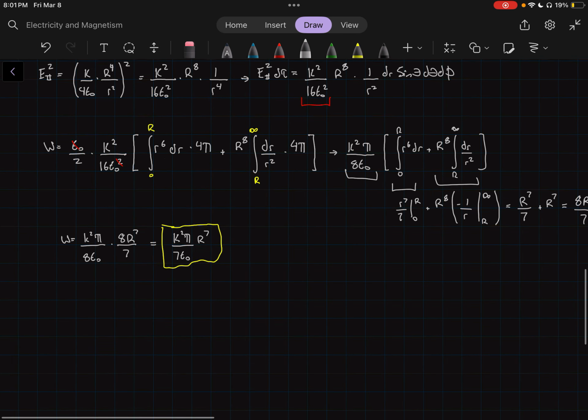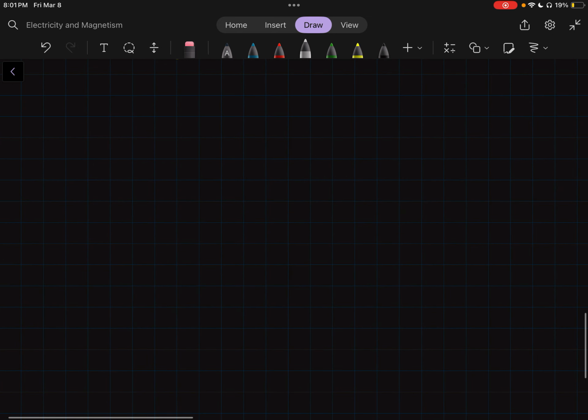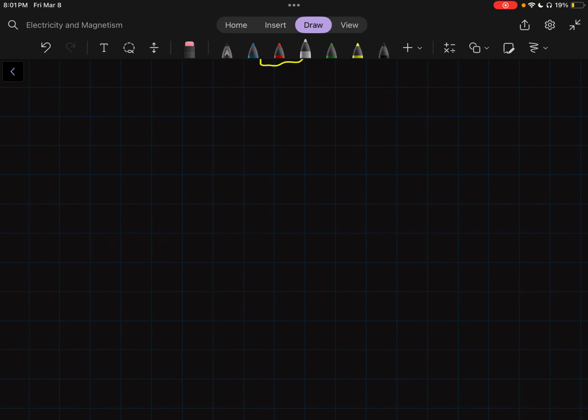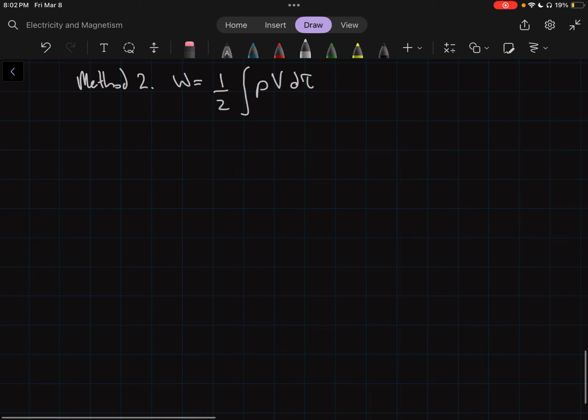Now the second method, before we can continue, we have to find the potential inside. So method 2, if you recall, is work is equal to 1/2 charge density times the potential d tau. As we know, the potential is equal to negative integral, path integral, E dot dl.